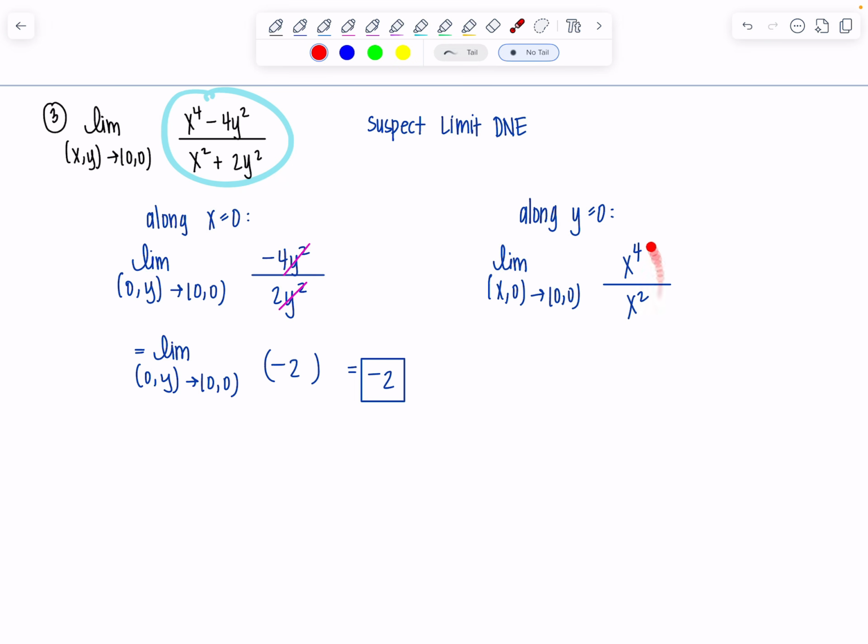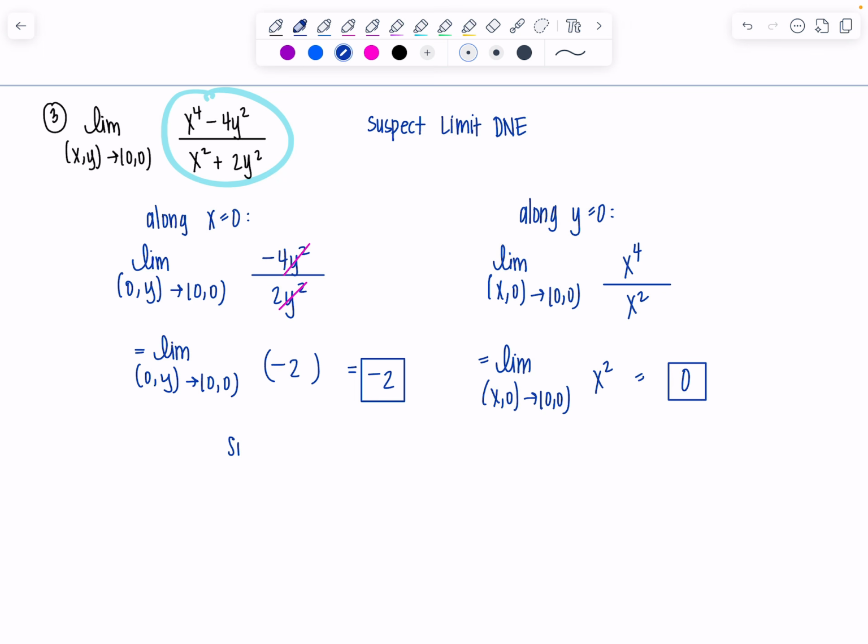Remember, clean this up first, then you try to substitute. So this is the limit as (x,0) approaches (0,0). x to the 4th over x squared simplifies to x squared. Now substitute in, x is approaching 0, so this is 0. Oh, perfect. I got something different.